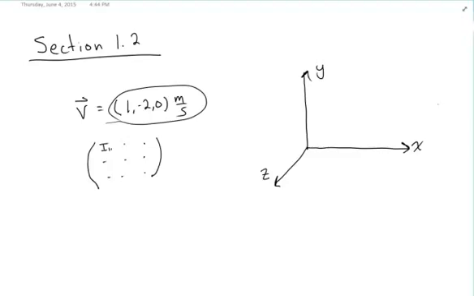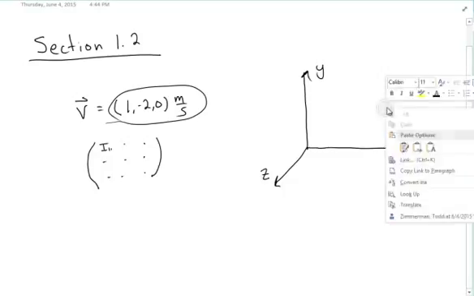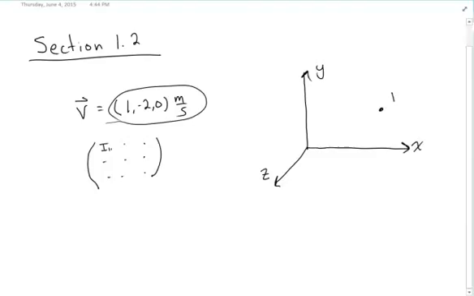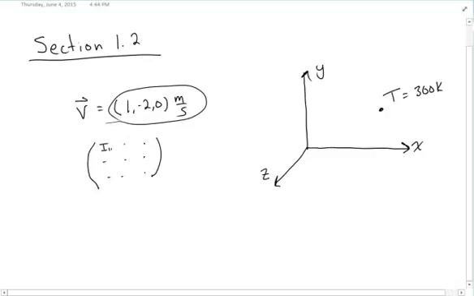So, just to start off with, what are the transformation properties for a scalar? That's what section 1.2 really deals with. And so if we imagine that we have a point in space here and we measure the temperature at that point, let's say it's 300 Kelvin, and I have another coordinate system that's rotated relative to this coordinate system, so that we'll call it the x prime axis has been rotated that way, the y prime is rotated that way, and we'll say that the z prime is still lying along the z-axis.